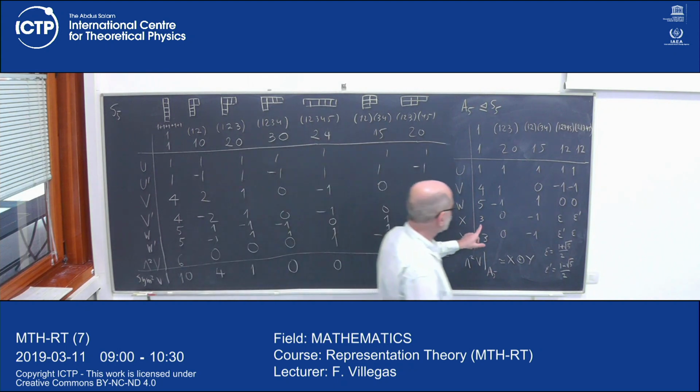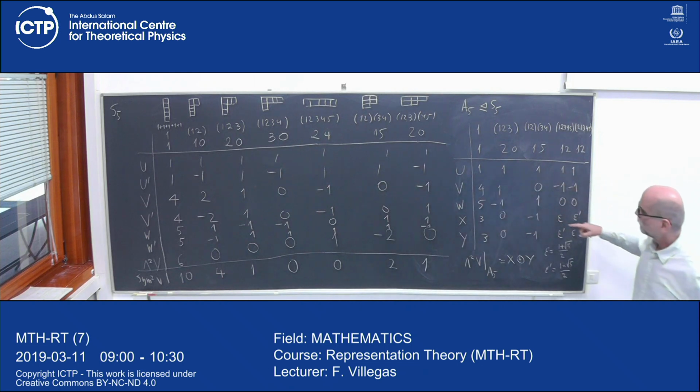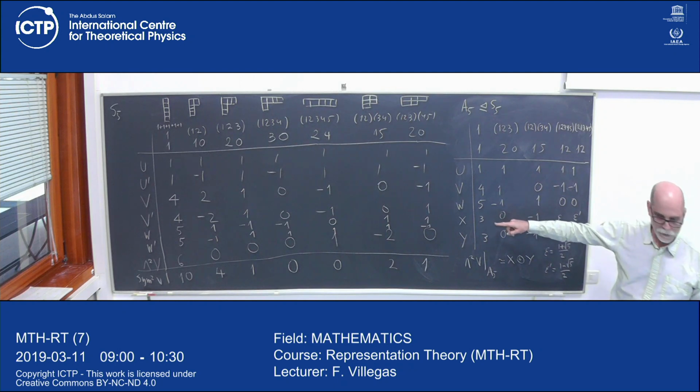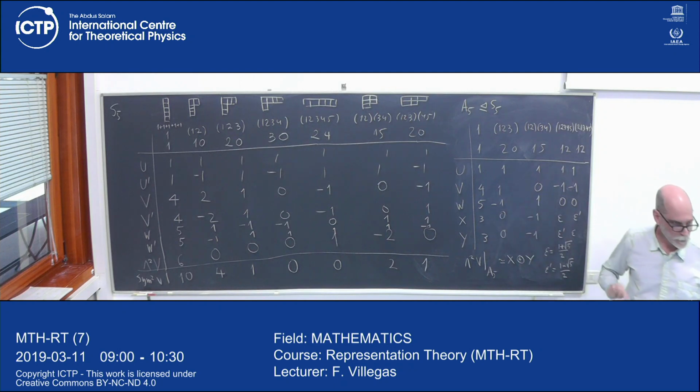And if we look at the row, there's no value that has a character of value 3 except for the identity. So this means in fact that no element of A5 other than the identity maps to the identity. So what this says is that the group A5 is sitting as a subgroup of linear maps in 3 space.